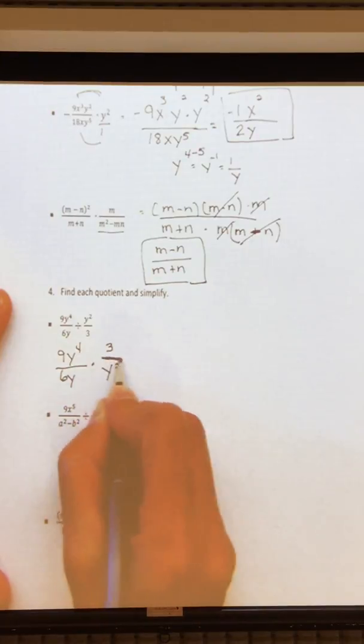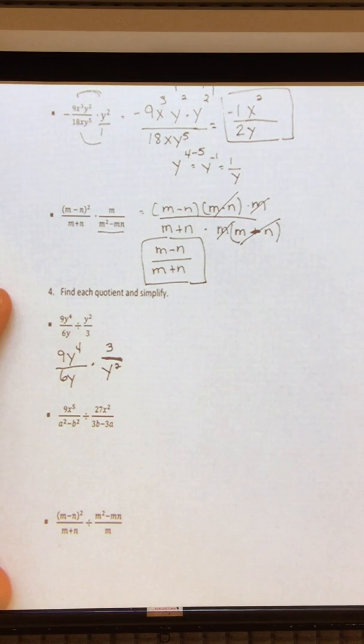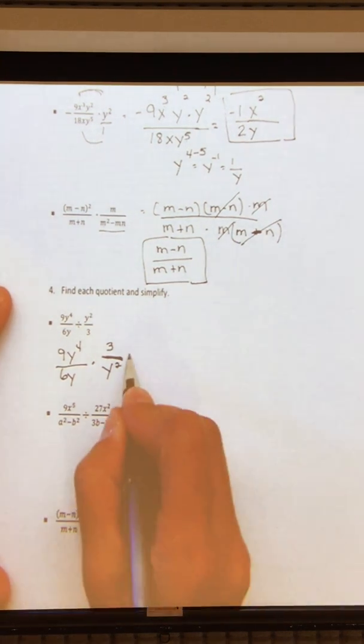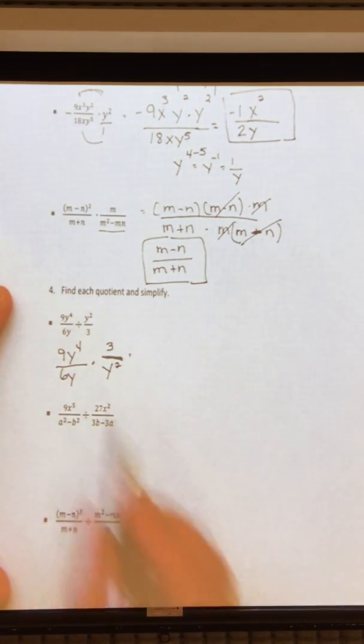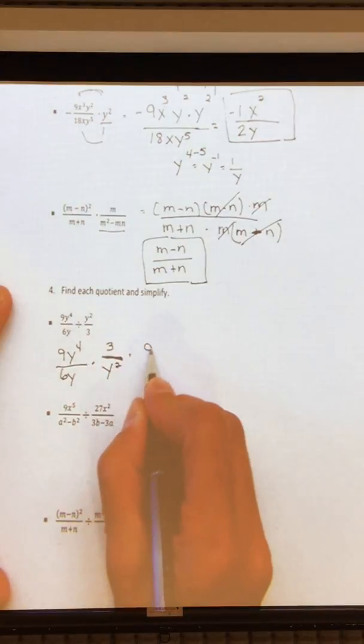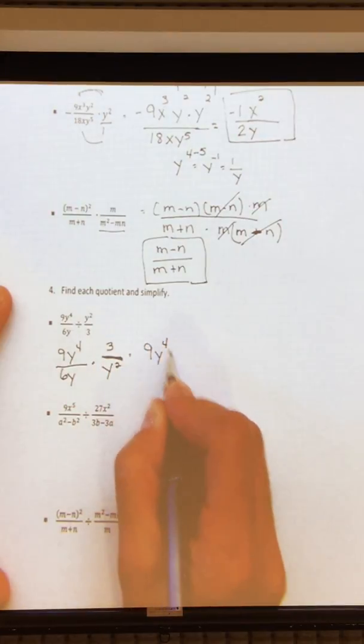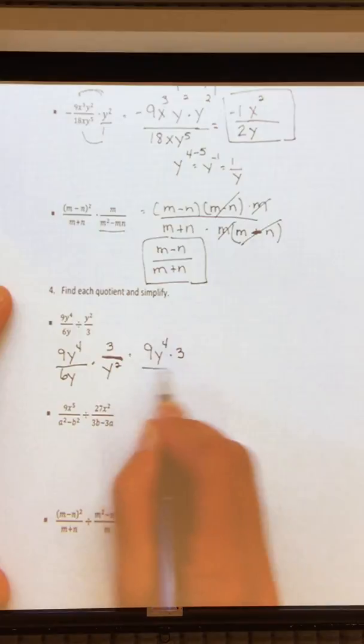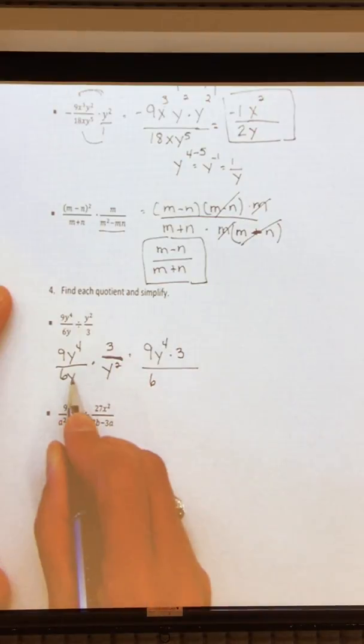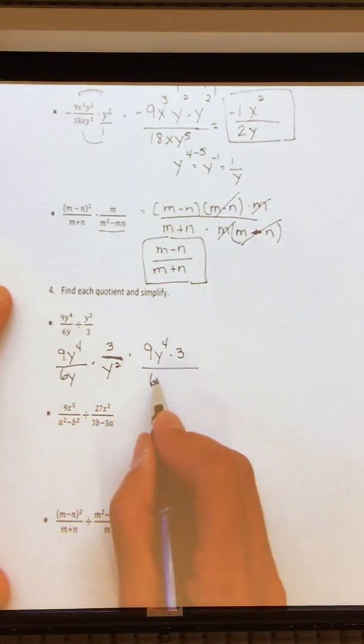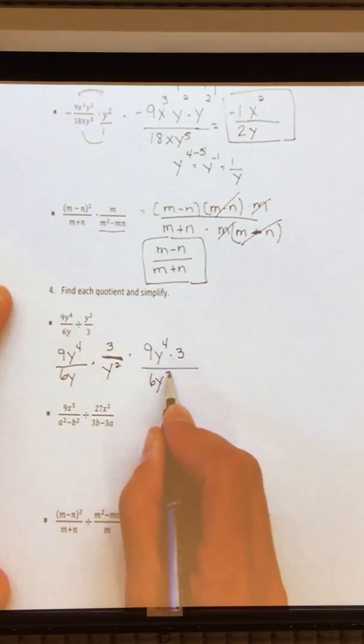So you flip the second fraction and now you want to multiply. So you have 9y to the 4th times 3 over 6, and you have y times y squared, which is y cubed.